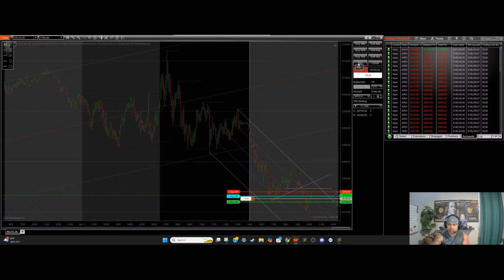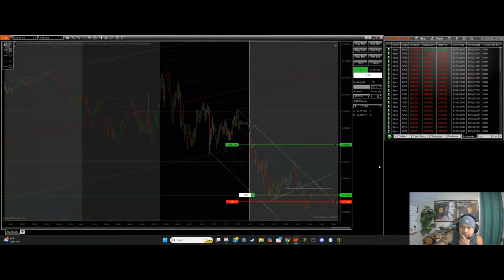Now we might join the long. Okay, let's go. Let's go. Back up above 750, which is the initial area we wanted to be long. So we're literally back at 751.